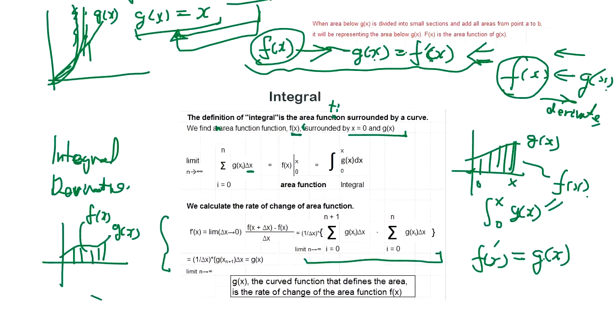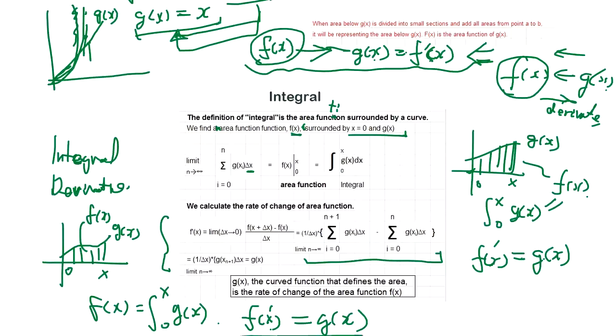So f(x) is integrating g(x) from 0 to point x. So by taking the derivative of f(x), you can get the slope function. Okay, so that's the relationship between derivatives and integrals.